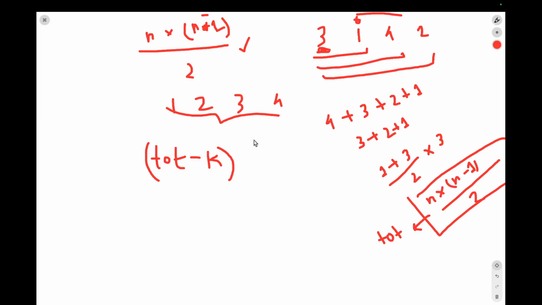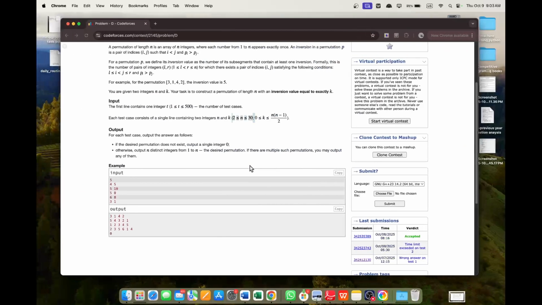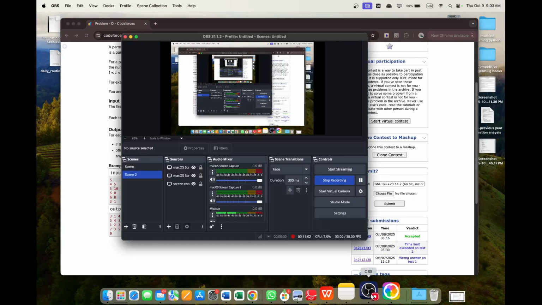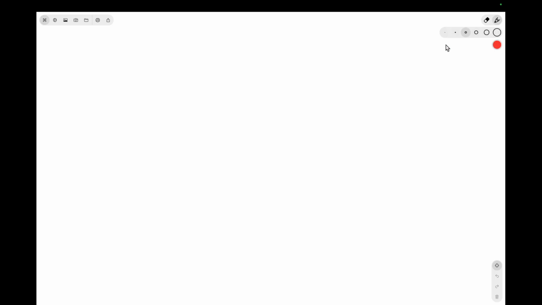Okay, so how can you do that? You are given the total number of subarrays from that formula, n into n minus 1 divided by 2. Then you are given k. So let's consider this as x.